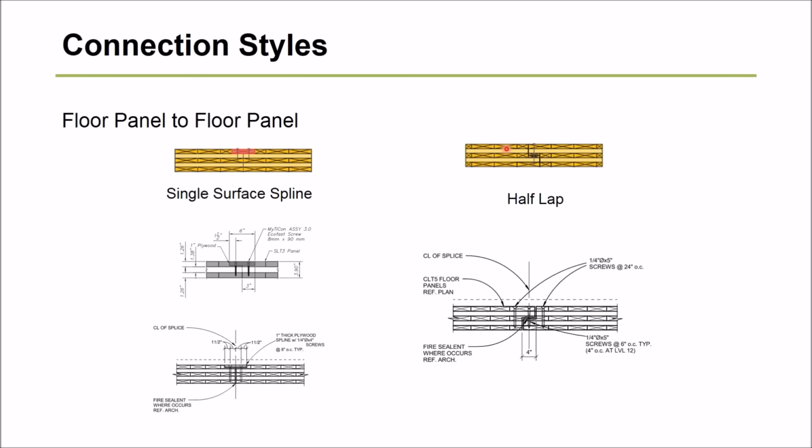Another approach is what's called a half lap. Instead of that one spline that gets dropped on the top, panels can overlap each other with a screw coming down through the panels and tying them together. The half lap gives a mechanism to share vertical loads a little more than the surface spline.